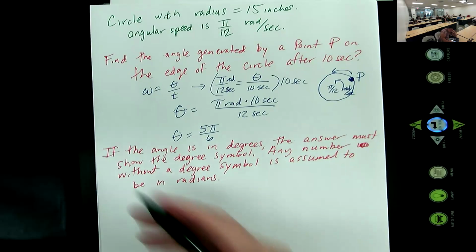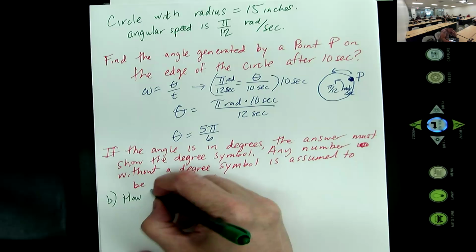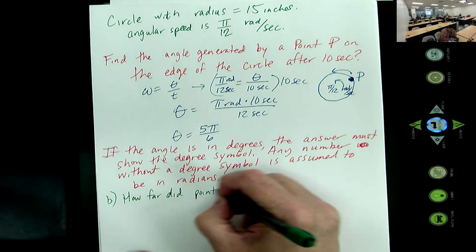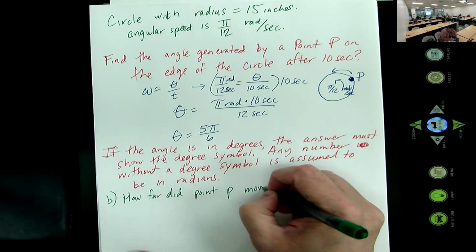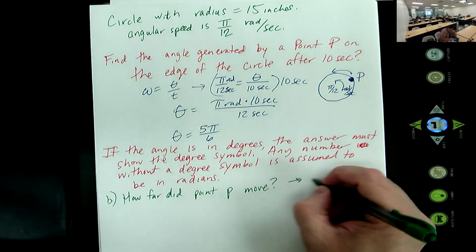Two more questions here. How far did point P move? So we're looking for an arc length, right?